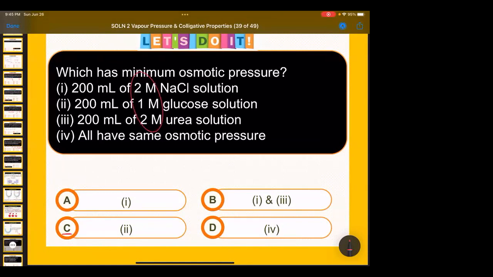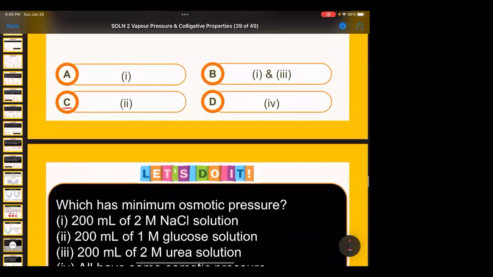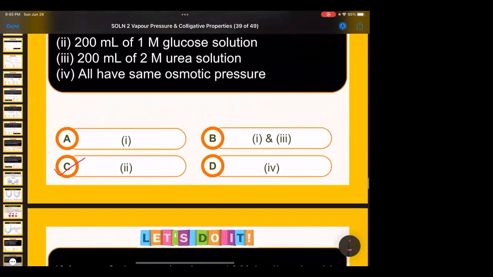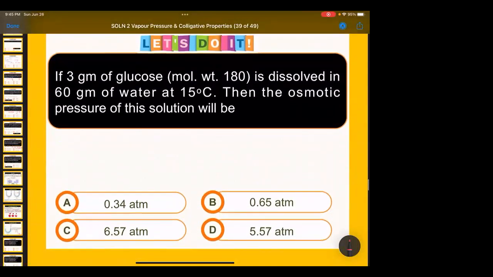No need for the values of volume, as the concentration is directly given and it is minimum for glucose. So the minimum osmotic pressure is going to be for the glucose. C is the right option. Is it clear, Samira, Hanifa? Yes, sir.